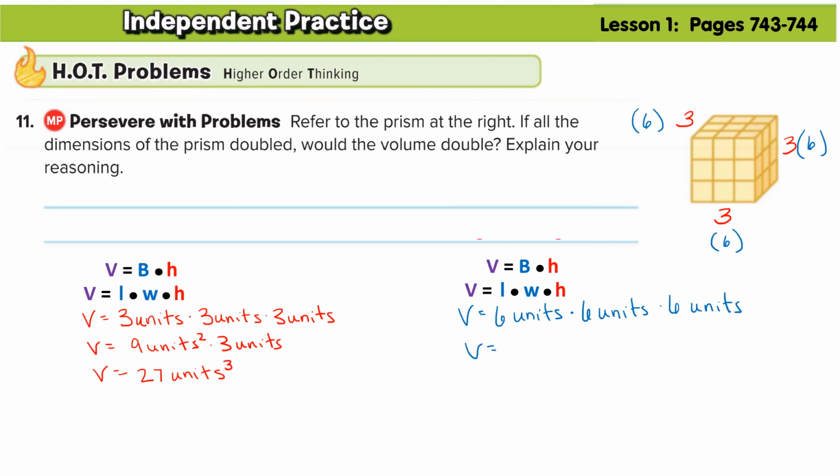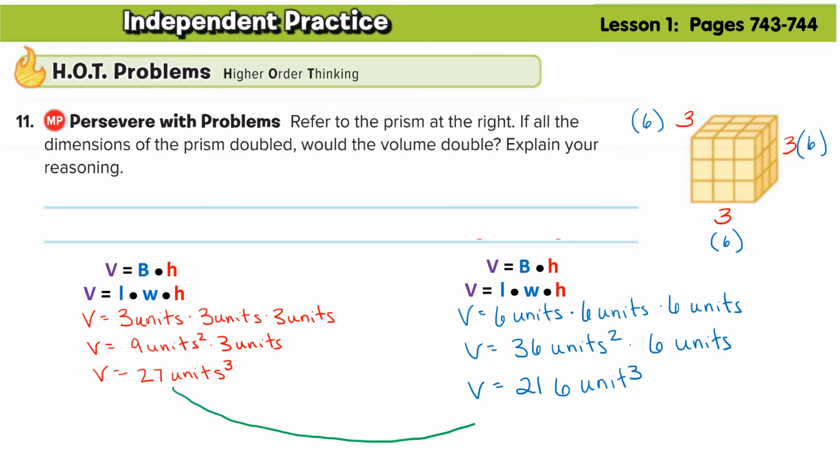So the volume equals 36 units squared times 6 units. So the volume equals 216 units cubed.